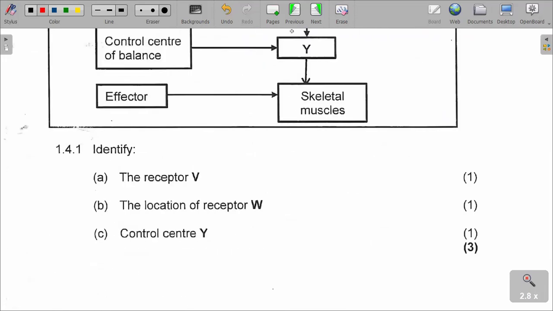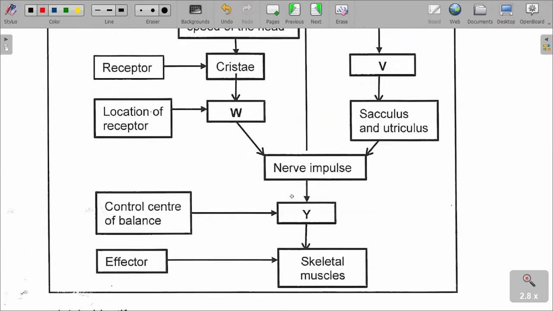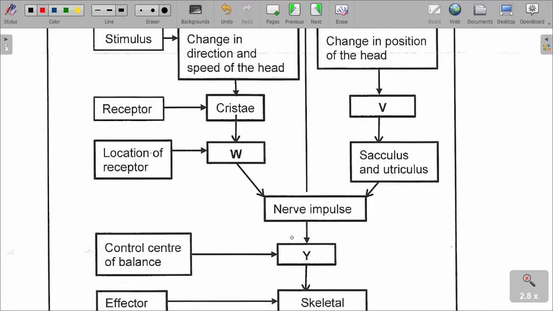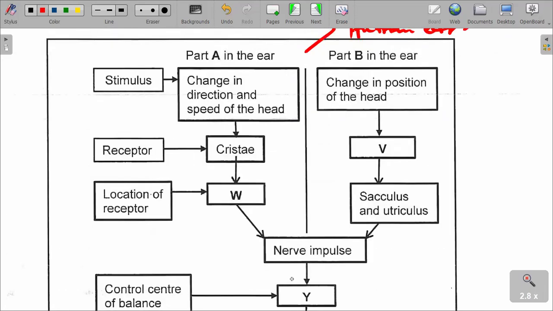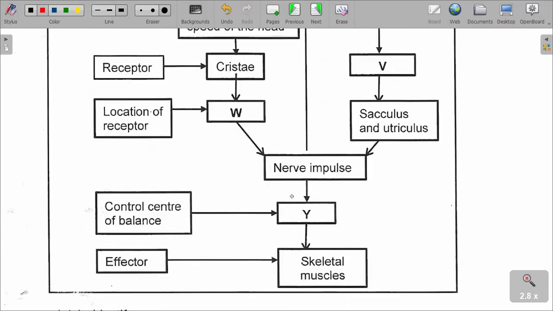Let's quickly look at the diagram properly. Part A in the ear, part B in the ear.